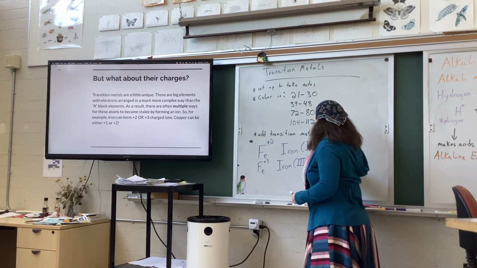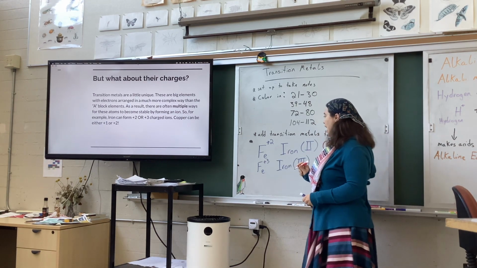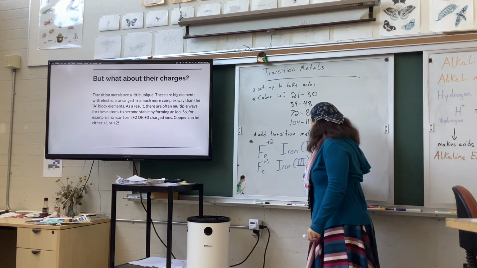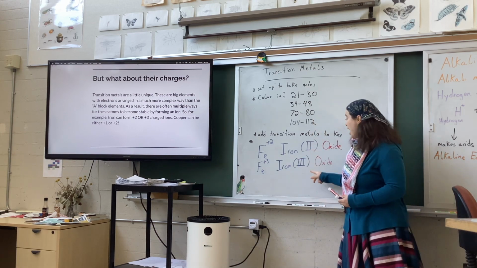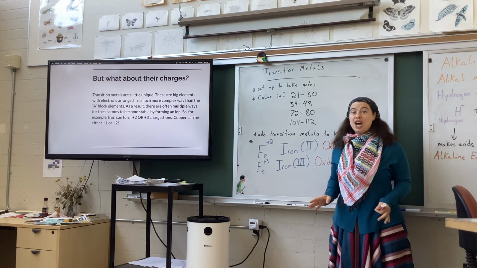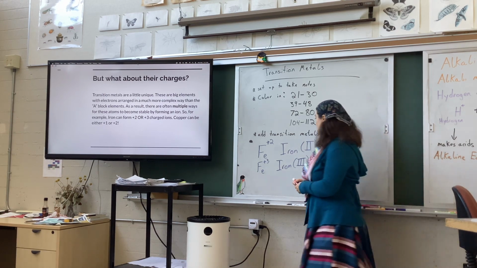So I could have iron(II) oxide, which would use iron with a charge of +2 and oxide with a charge of -2, or I could have iron(III) oxide. These 2 chemicals have different chemical formulas, even though they are made of the same elements.